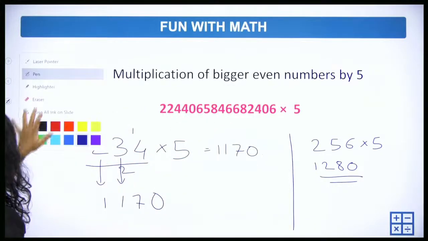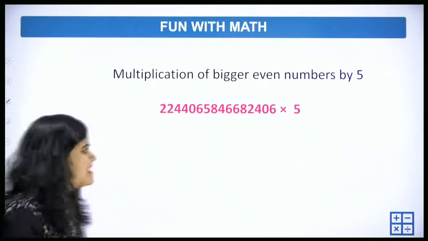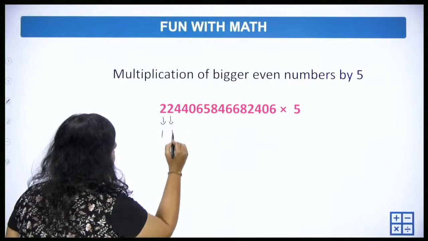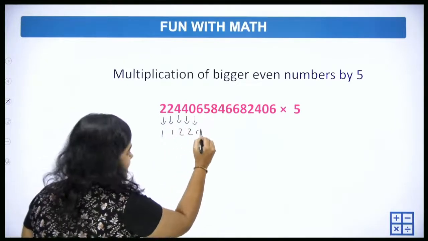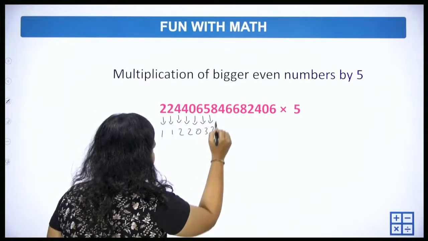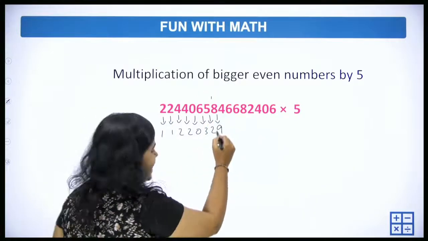So, let's do this for a bigger number in just 5 seconds. So, without wasting time, let's start. We'll multiply with 5 in 5 seconds. So, start. For 2 it becomes 1, 1, 2, 2, 0 comes as it is, 6 becomes 3, 5. So you are dividing with 2 and 1 gone, 18 is 9, right?